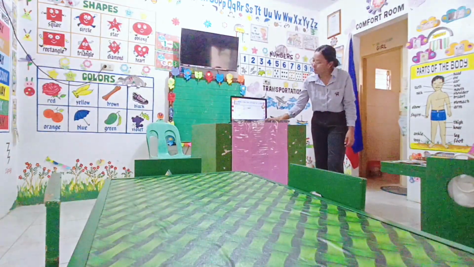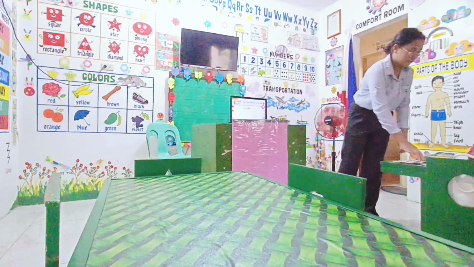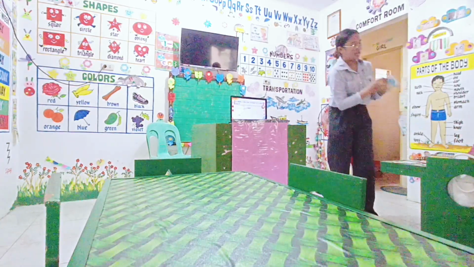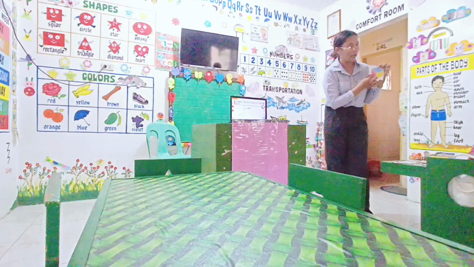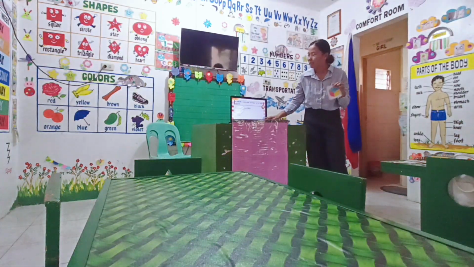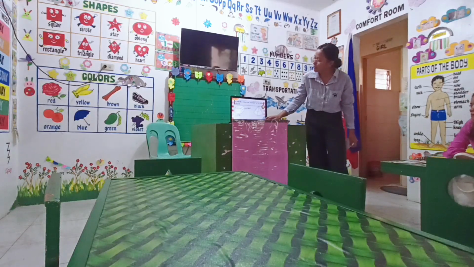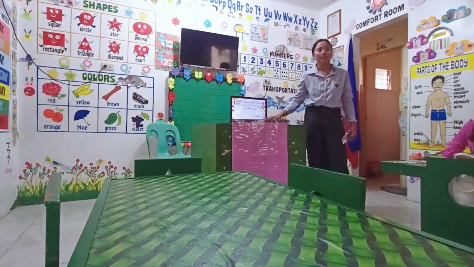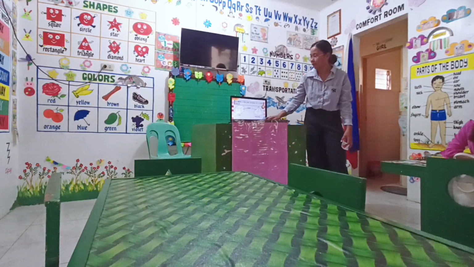This is the face of a cube. Did you see this, class? This is an example of a face. Do you understand? Yes, teacher. The other example is the pyramid. This is the face of a pyramid. Do you see it? Yes, ma'am.